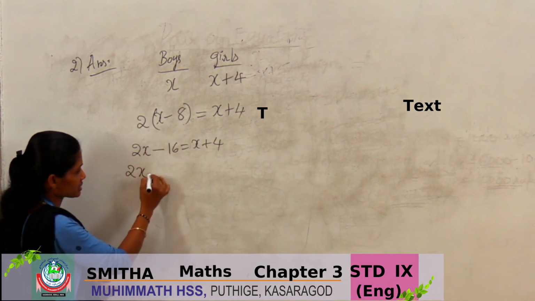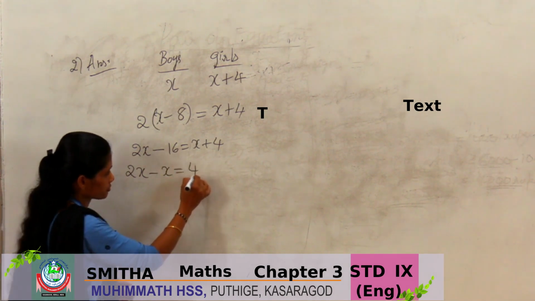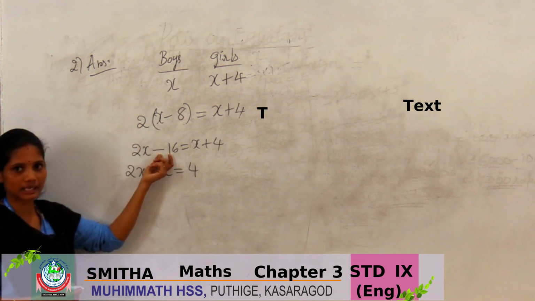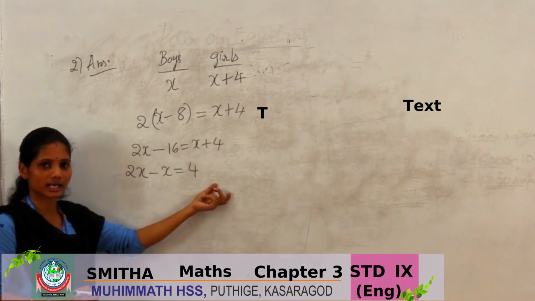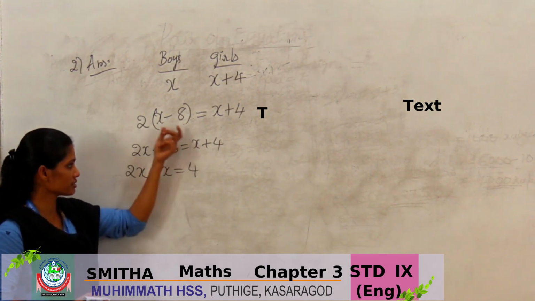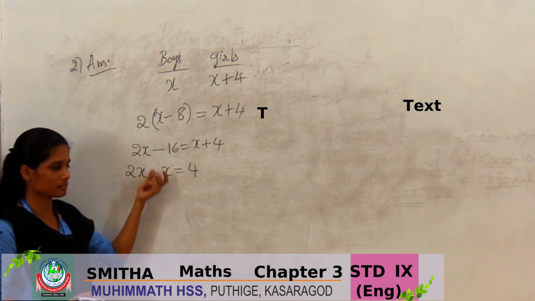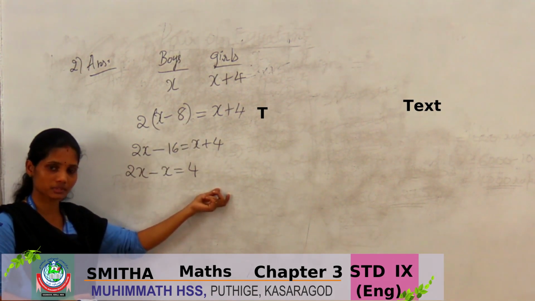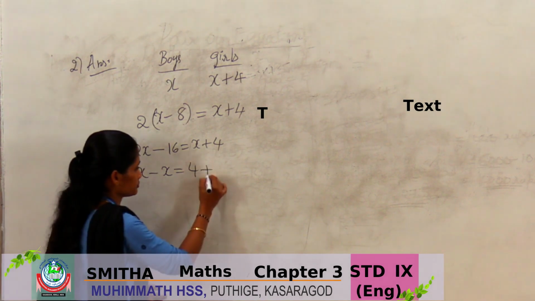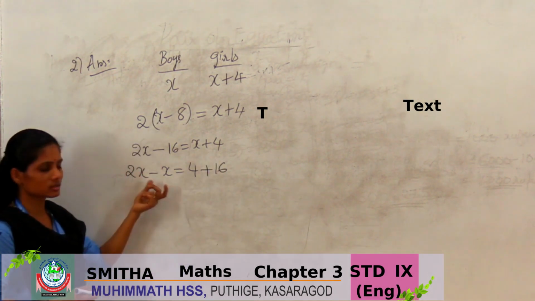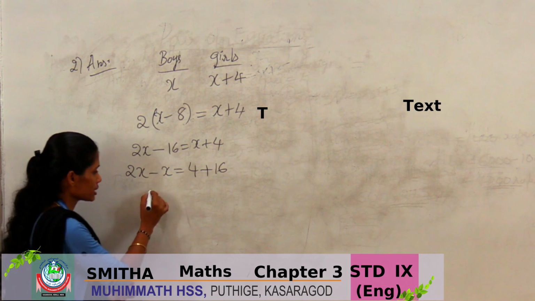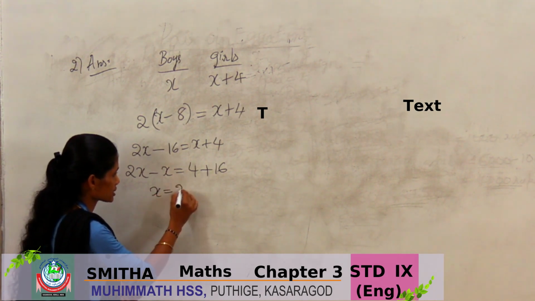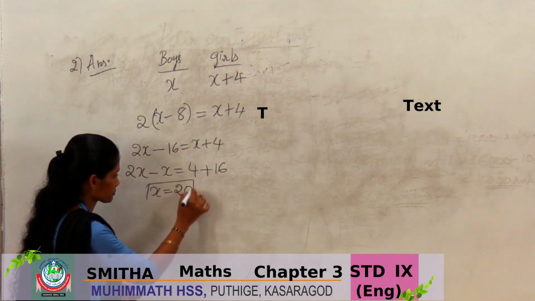Transpose x to the left hand side, similarly transpose minus 16 to the right hand side, it becomes plus 16. 2x minus x is 1x, or simply x, and 4 plus 16 is 20.